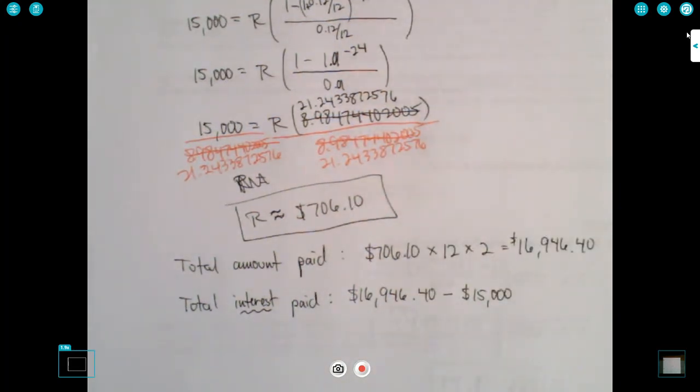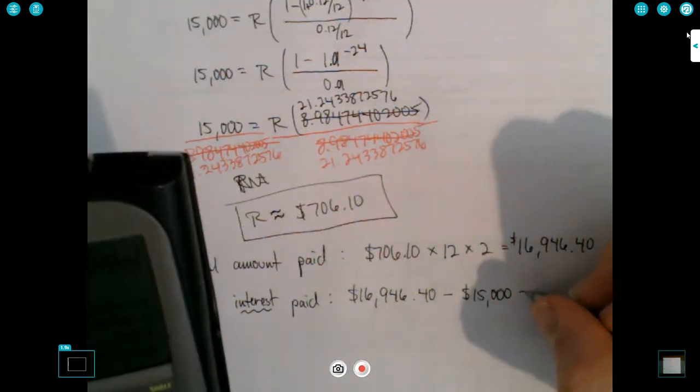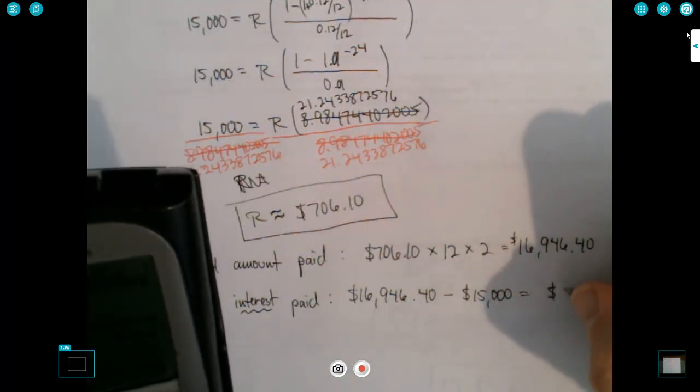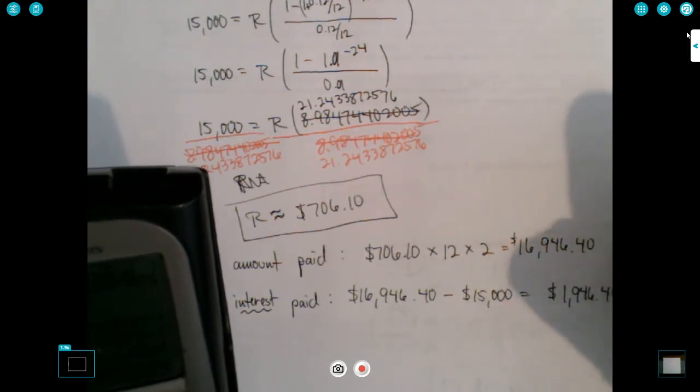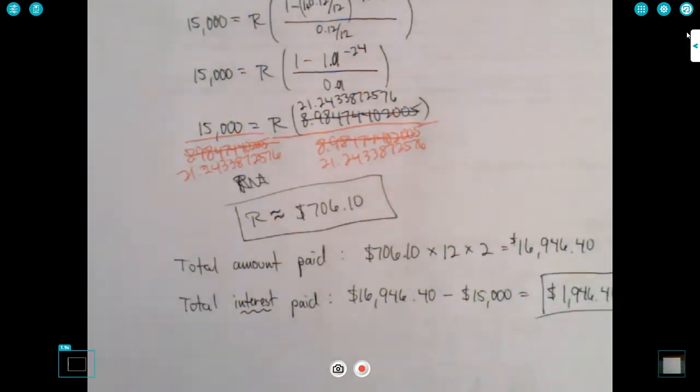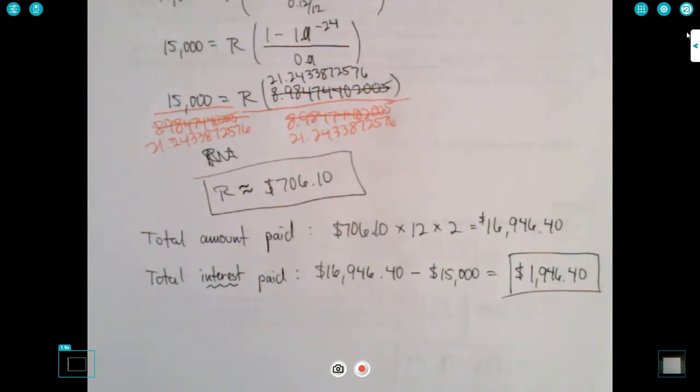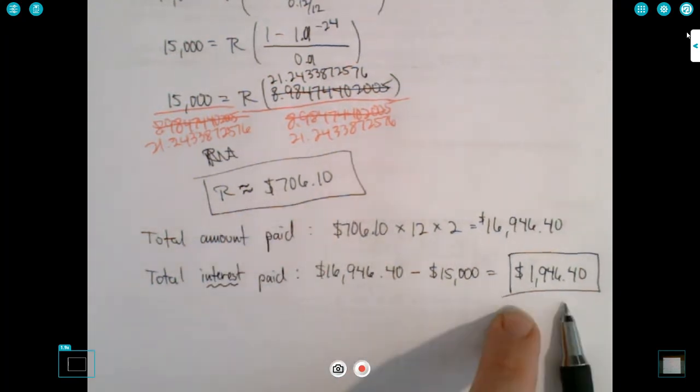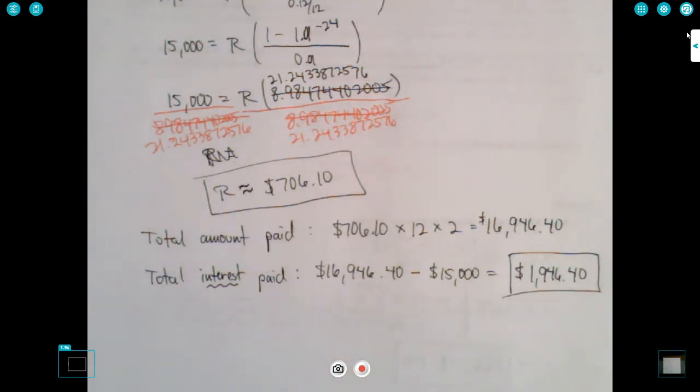So $16,946.40 minus $15,000 is $1,946.40. Okay, so that's the total interest that she paid. So this is her monthly payment, and this is the amount of interest that she pays after 2 years, right?